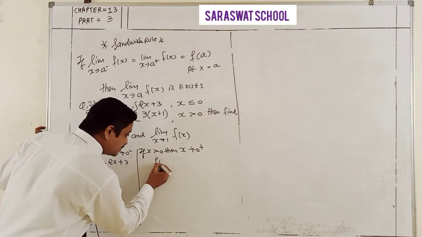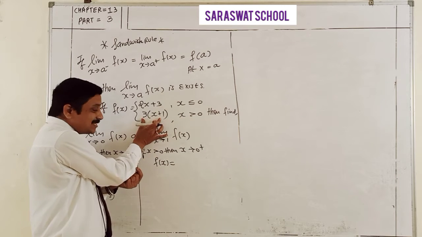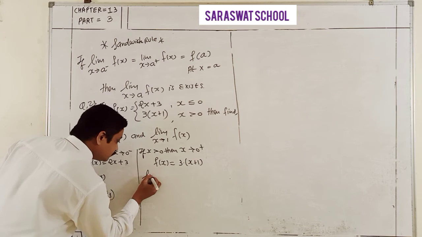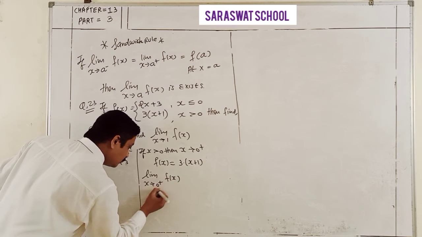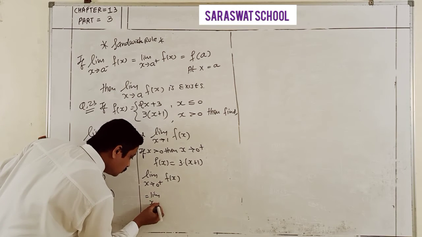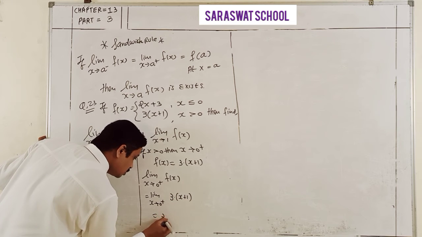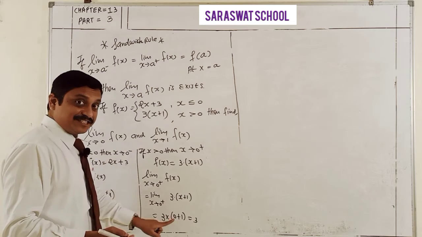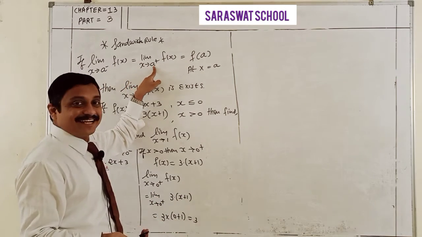So here f(x) is for 0 to more, it means I operate 3 times x plus 1. Limit x tends to 0 positive, my data is 3 times x plus 1, so 3 into 0 plus 1. Check, 3 and 3, answer same? Yes, same. It means left hand side and right hand side are same.